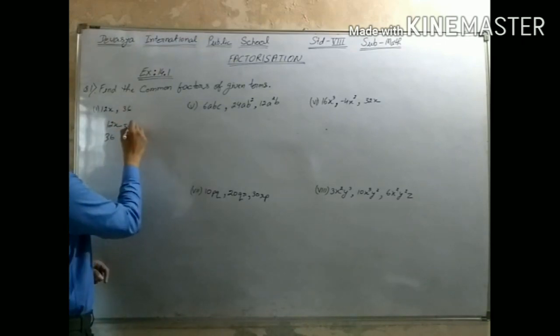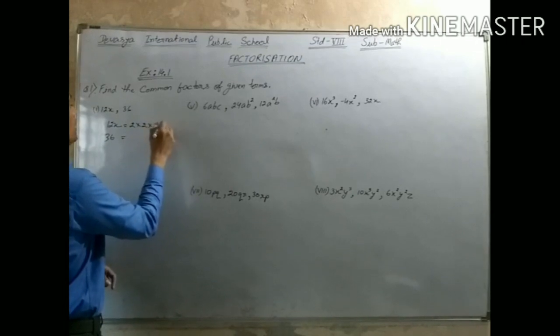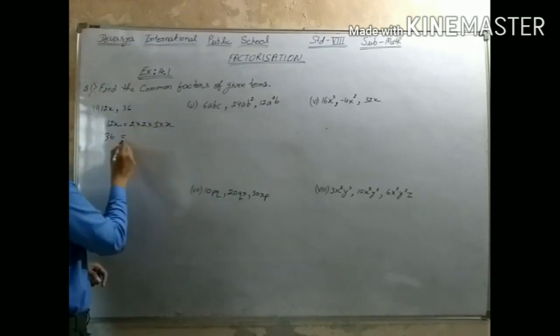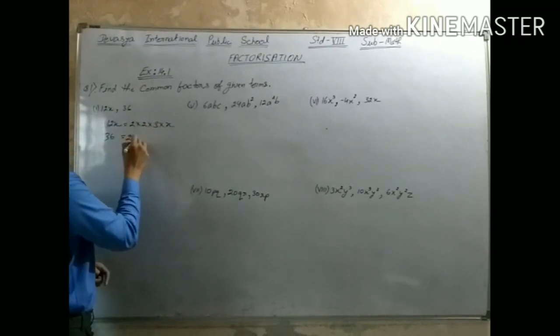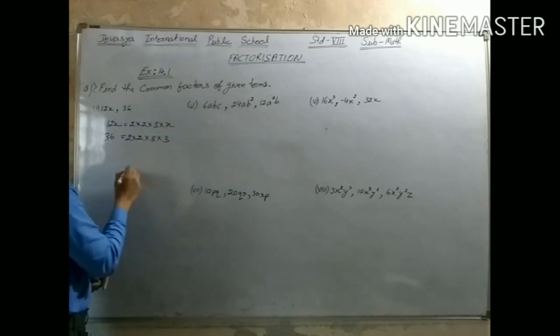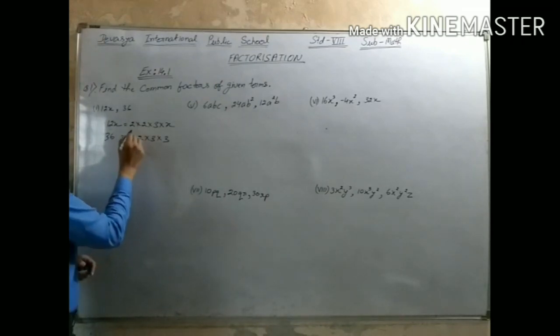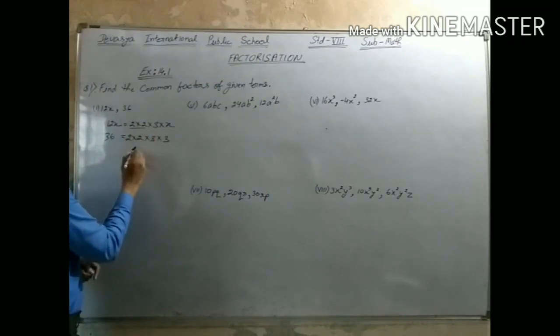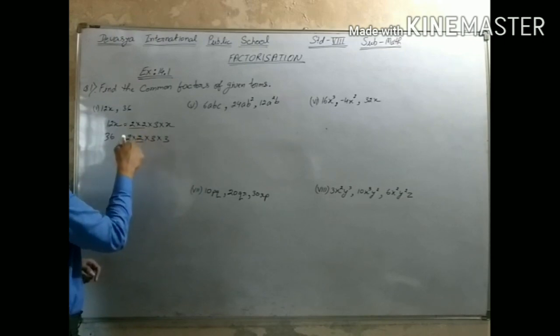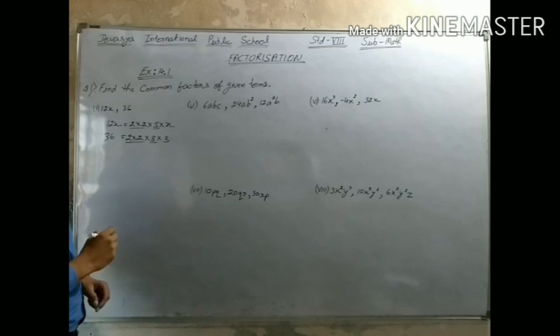So 12x can be written as 2 into 2 into 3 into x. 36 can be written as 2 into 2 into 3 into 3. Now you see, we have reduced both of the expressions, and now we can find that 2 into 2 is common here in both the terms, right? And again 3 is also common in both the terms.